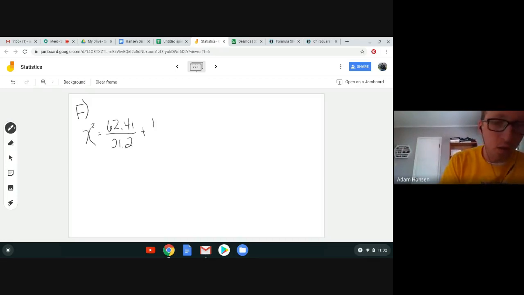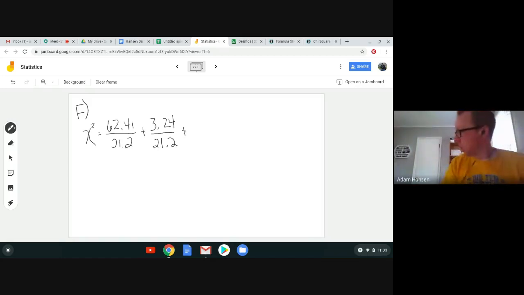Square it, it's 3.24, divided by 21.2 again. For orange, 12 minus 10.6 is 1.4. Square it, that's 1.96, divided by 10.6.